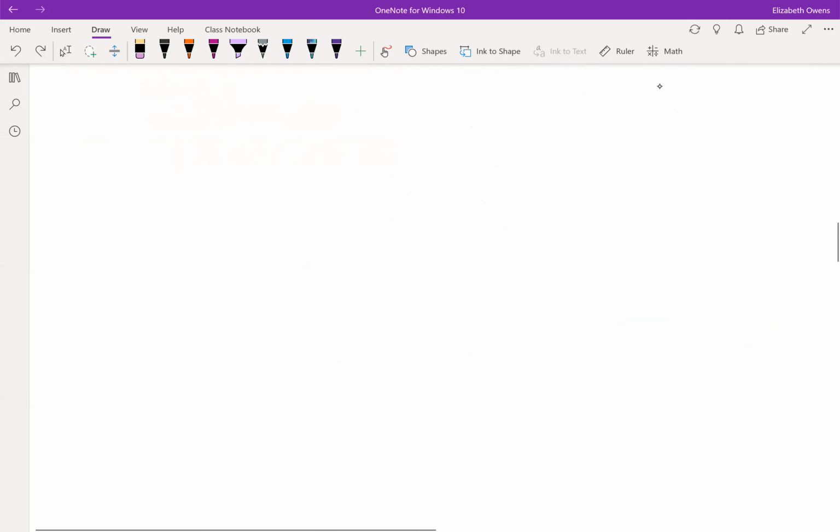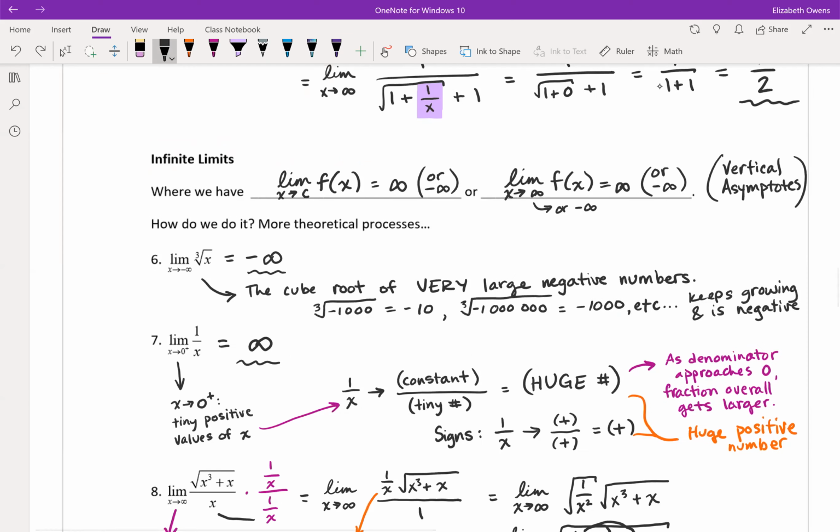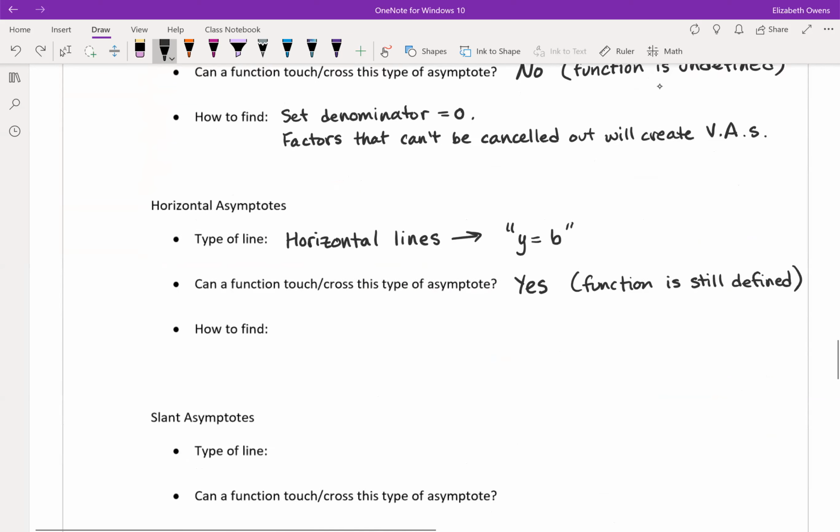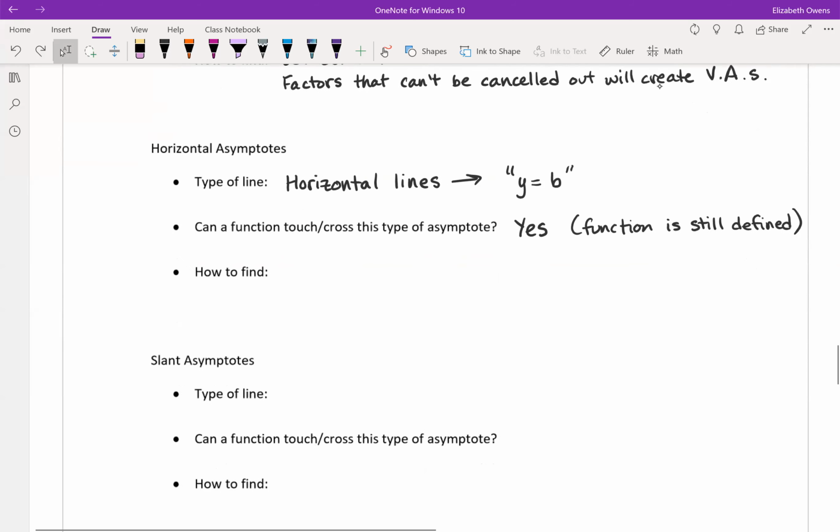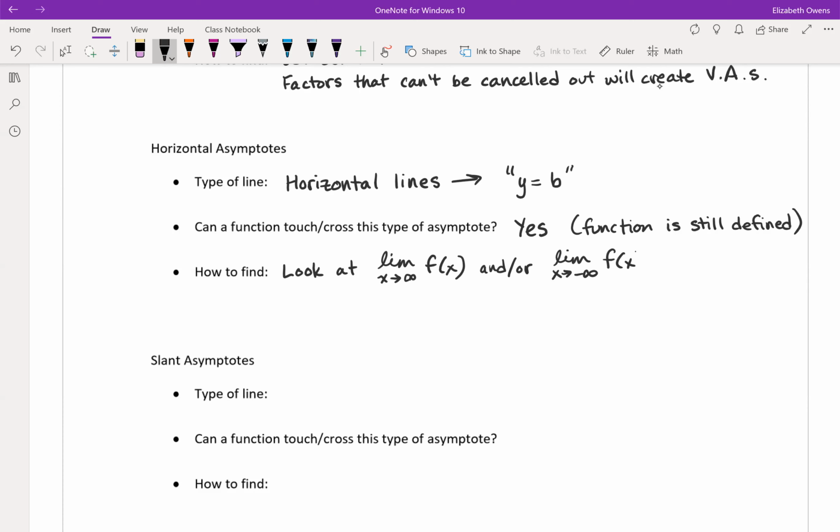And that's exactly how we're going to find horizontal asymptotes, is by taking limits as x approaches positive or negative infinity. So look at the limit as x approaches infinity of f of x, and or the limit as x approaches negative infinity of f of x.